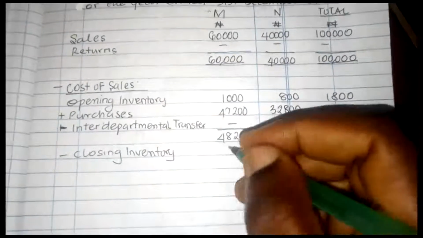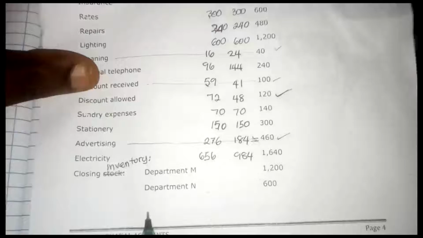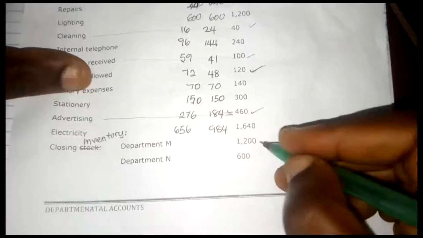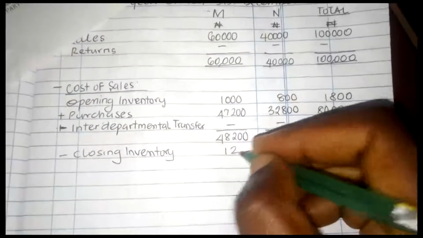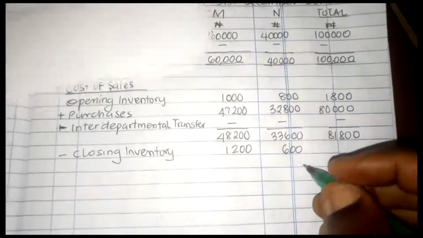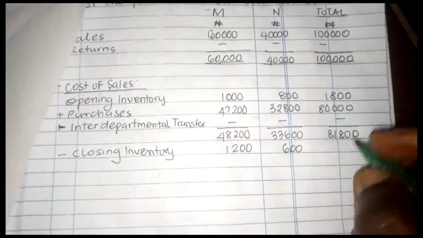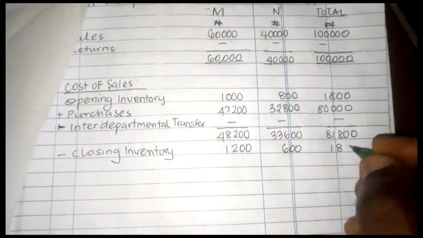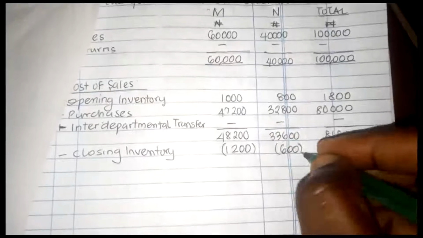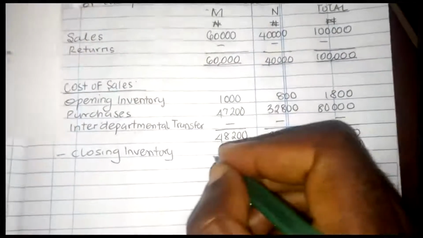All right, so you go and look for your closing inventory. Closing inventory is 1,200 and 600. The addition of the closing inventory is 1,800. Then you put it in brackets, it means subtraction.